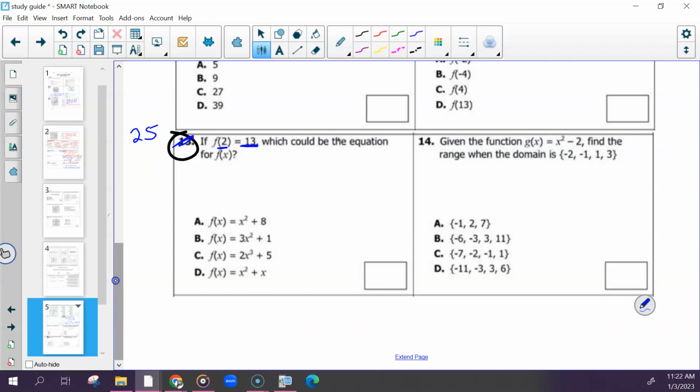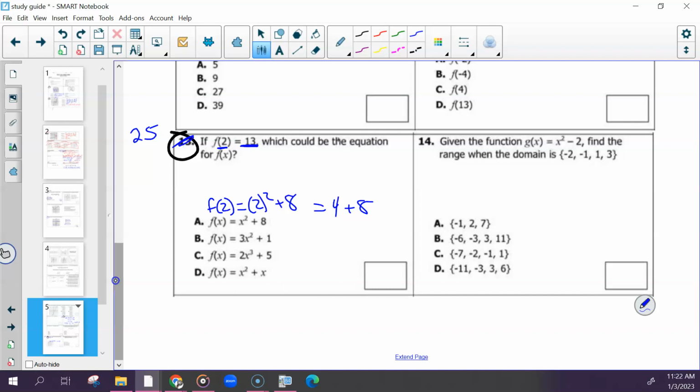You could put all of these into your calculator. You could do it algebraically. We're just going to do it algebraically. So for this first one, if we put 2 in, we get 4 plus 8. Would that give us 13?